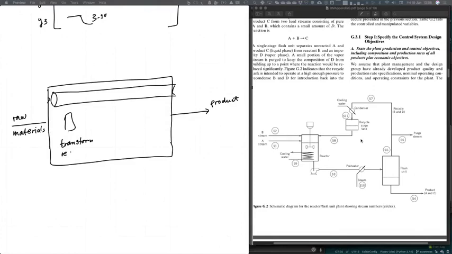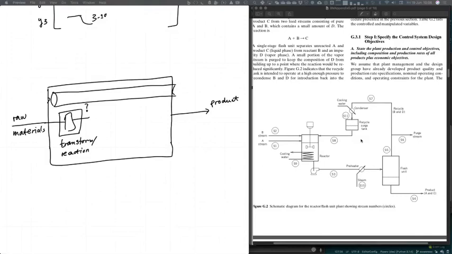Now, in chemical plants, that's pretty much always a reaction. Okay? So now we have immediately a question. How effective is this unit operation? Right? What's the conversion of that unit operation?